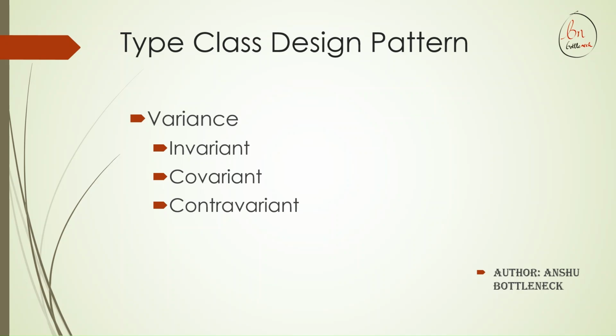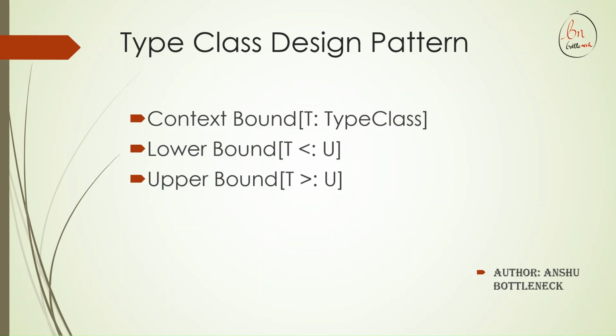All right. So now we have bounds, that is, context bound. In Scala, context bounds, upper bounds and lower bounds are concepts related to type parameters that restrict the type that can be used as an argument for a generic method or class. A context bound is a constraint on a type parameter that requires an implicit value, which can be explicit as well, for a specific type, often a type class instance, to be in scope.